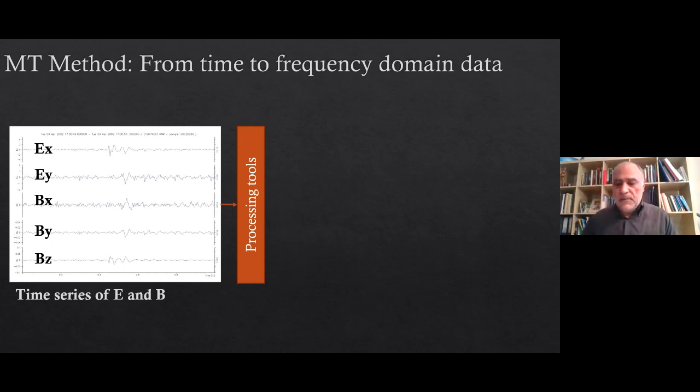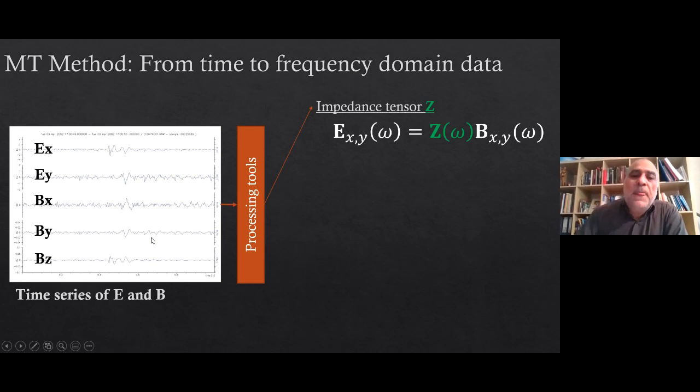magnetic component is important. Anyway, once you get the measured data from your sensors, there is a processing step here, which requires an additional 2 or 3 talks to talk about it, but I'm not that expert in that process. But in a few words, inside these processing tools, what we are doing is going from the time domain to the frequency domain, and obtaining something that we call an MT impedance tensor.